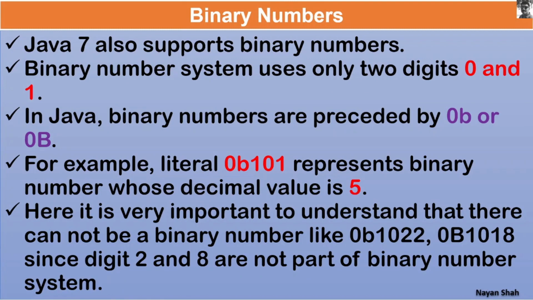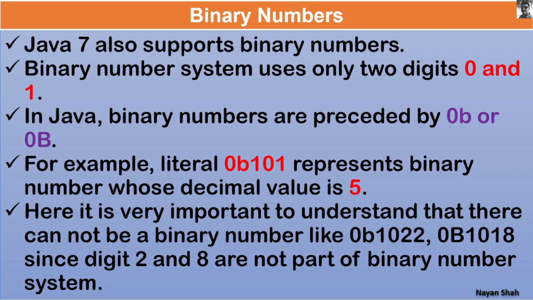Binary numbers. Java 7 also supports binary numbers, and the binary number system uses only 2 digits, 0 and 1. There is nothing like 2, 3 or anything else. In Java, binary numbers are preceded by 0b or 0 capital B. For example, the literal 0b101 represents a binary number whose decimal equivalent value is 5.